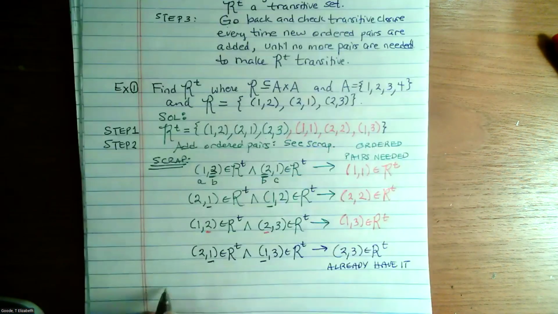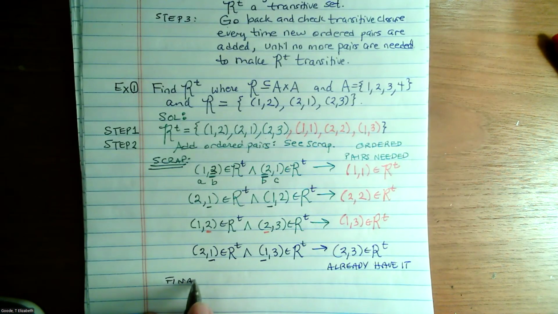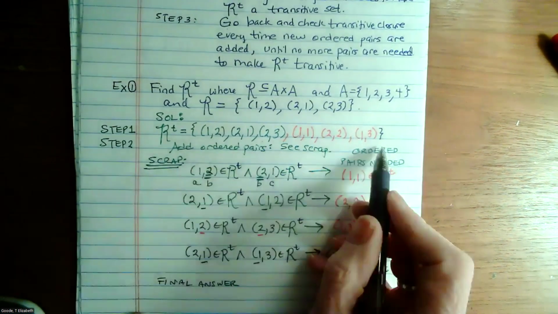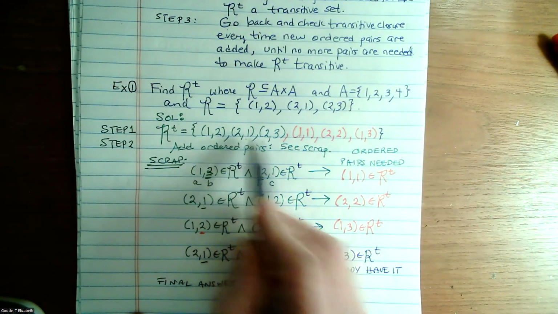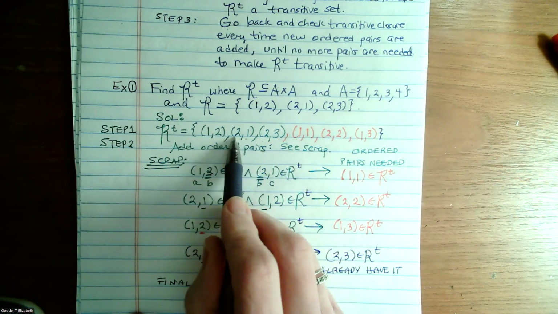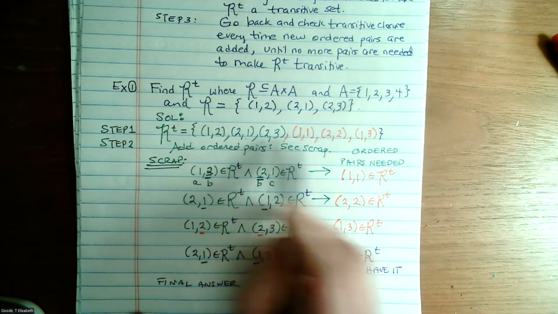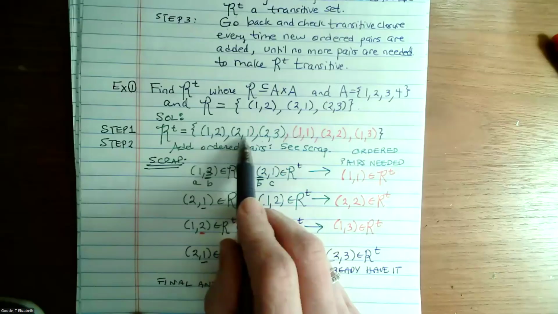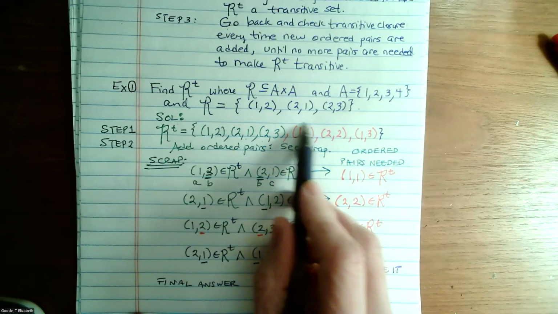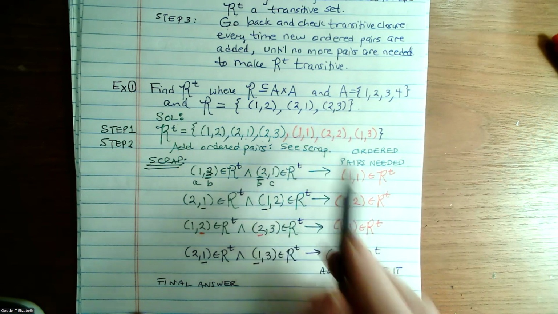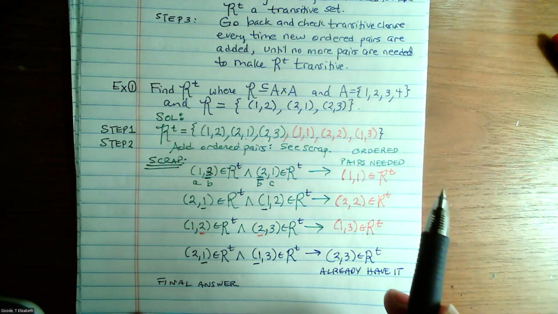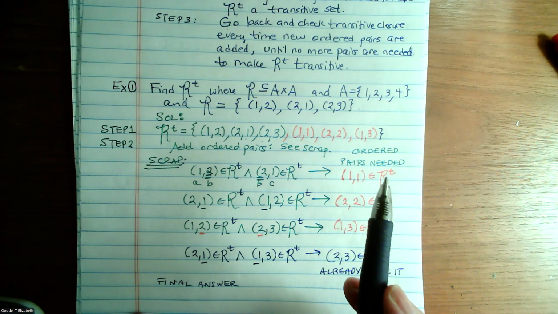So our final answer, after we've gone through and double checked that there's no element like 1 that's a first coordinate and a second coordinate. You might have noticed that (2, 1) and (1, 1) would yield that we need (2, 1), but we already have (2, 1). You don't ever have to use these reflexive pairs like (1, 1) or (2, 2) when you're trying to confirm the hypothesis of transitivity.